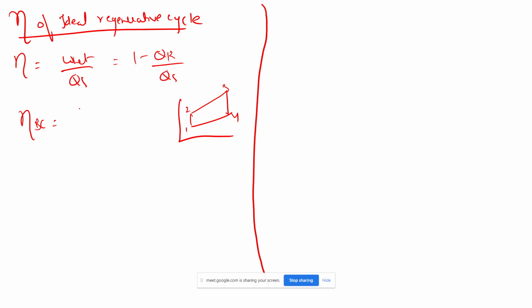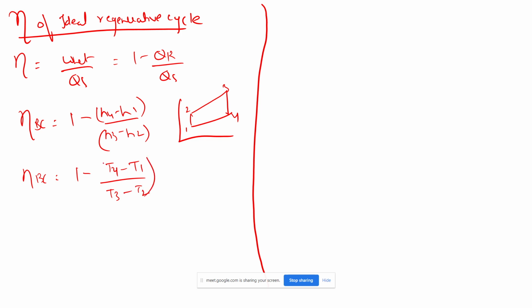What will be the heat rejected? It will be H4 minus H1 upon H3 minus H2. Is it okay? Similarly, we can write 1 minus directly in terms of temperature, T4 minus T1 upon T3 minus T2, CP will cancel out. Is it okay?